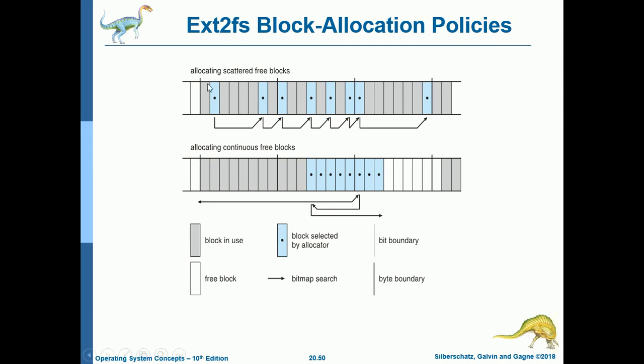The legend here is: blocks selected by the allocator. In the second case, we have not immediately found a free block close by, so we search forward for an entire free byte in the bitmap.